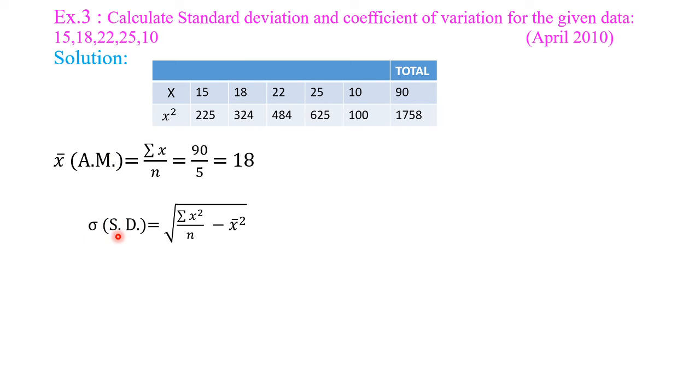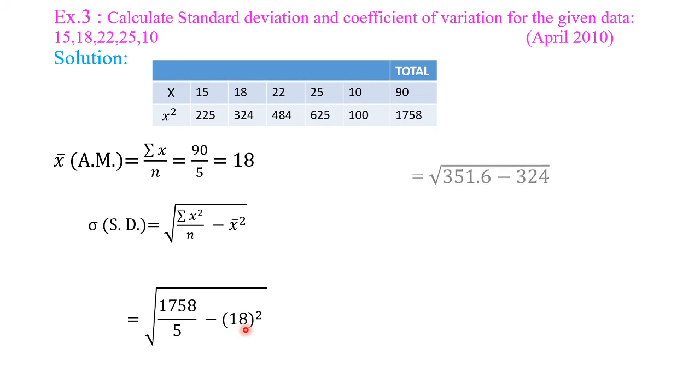Then we have to find standard deviation. We have a formula of sigma, that is standard deviation, is under root summation of x square divided by n minus x bar square. Put these values in this formula, we get summation of x square is equal to 1758 divided by n is equal to 5, and x bar square is equal to 18 square.